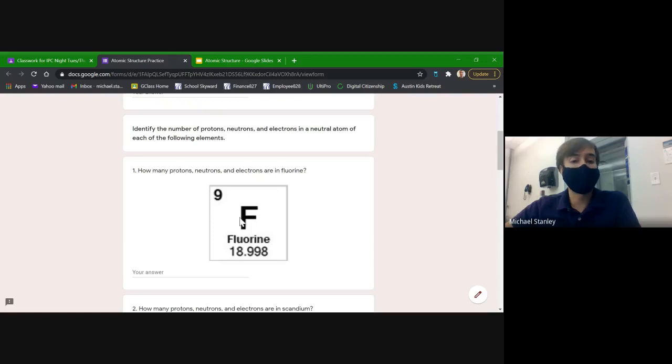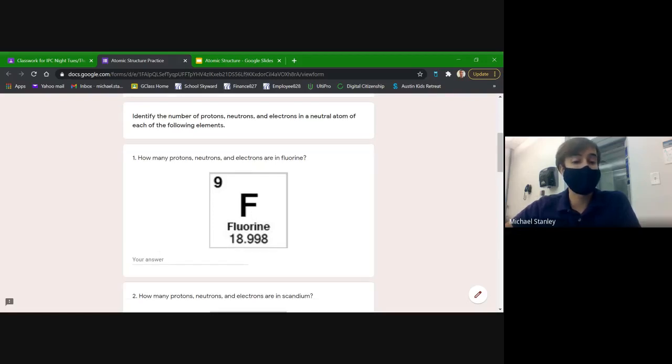On the Google Form version, you would just type in the proton, neutron, and electron number in the space underneath each picture. Each one of your answers could look something like this.